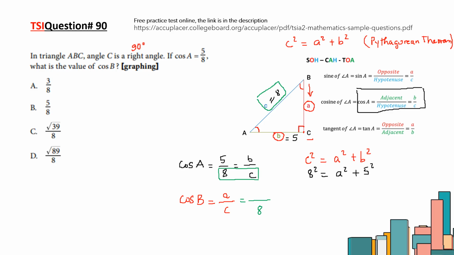Now we solve for A squared. We have 64. 8 times 8 is 64, equals A squared plus 25, since 5 squared is 5 times 5, which is 25. Now we subtract 25 from both sides so we isolate A squared.